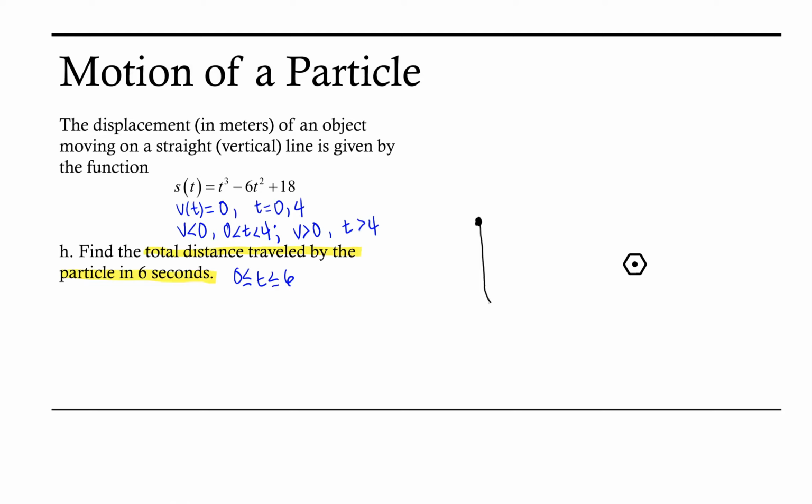So the direction of travel of the particle changes at 4 seconds and continues onward. And notice there are no other times for which the velocity is equal to 0. So there's no other times where the particle momentarily pauses and changes direction.